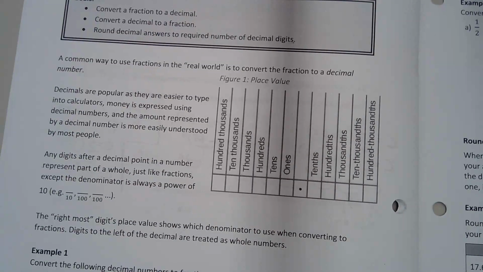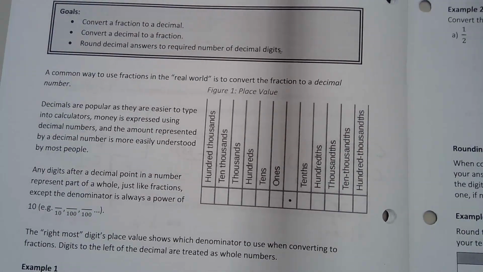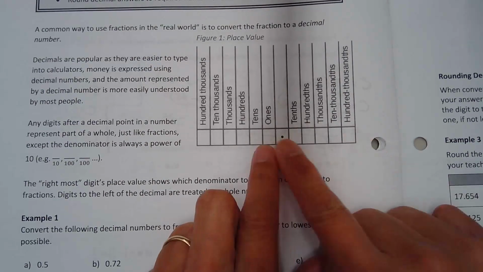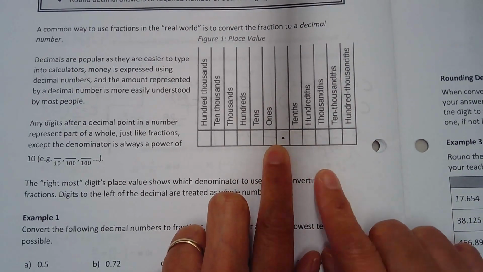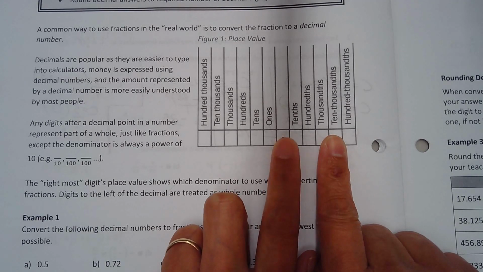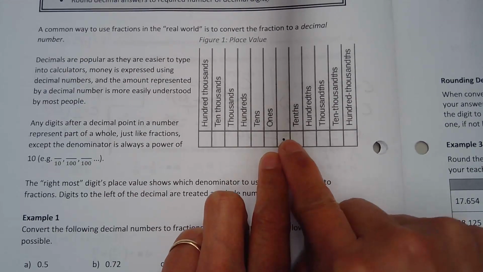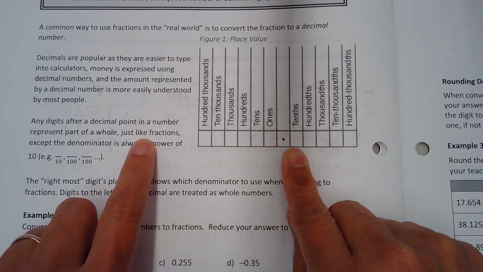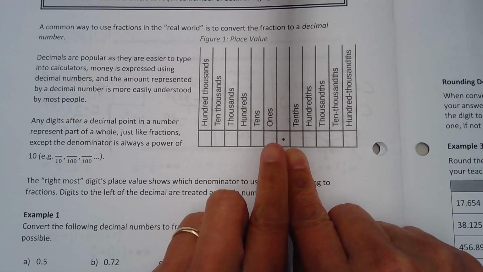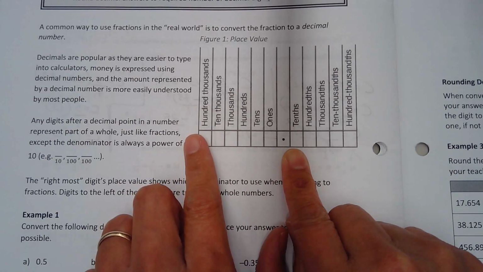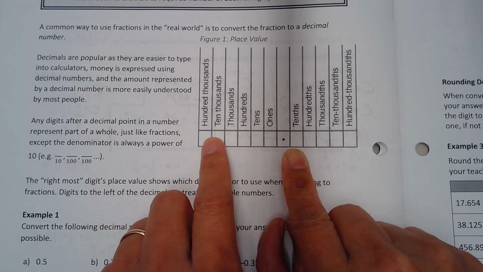Any digits, so these are the decimals. Each digit has a place value. Going to the left of the decimal are ones, tens, hundreds, thousands, 10,000s, and so on. Okay. So that's on the left side.